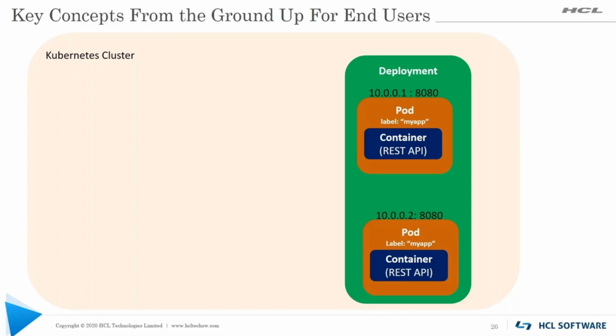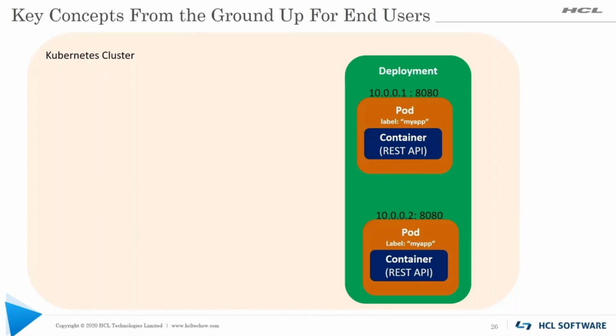So the problem is, if you were trying to build some service that consumed or tried to call this REST API, now your service needs to know these IP addresses and ports. And again, these can come and go. Think of them as ephemeral. So maybe tomorrow 10.0.0.2 is not going to exist.